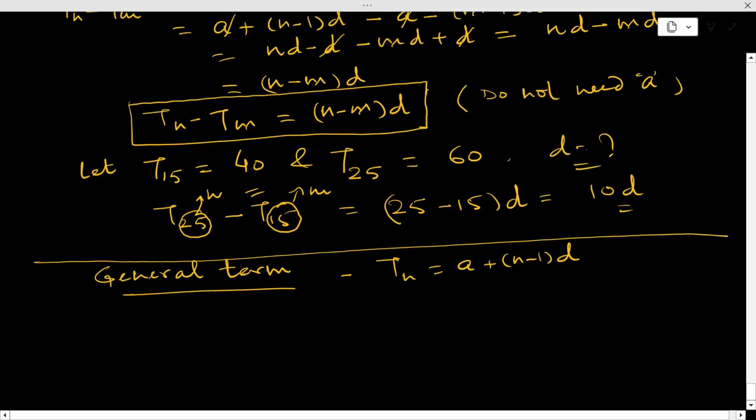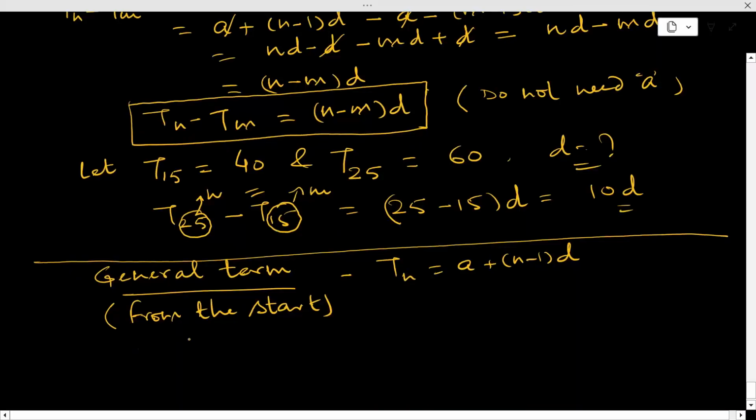Now this is the formula with which we are finding the general term from the beginning. Okay, from the beginning, or you can say from the start.